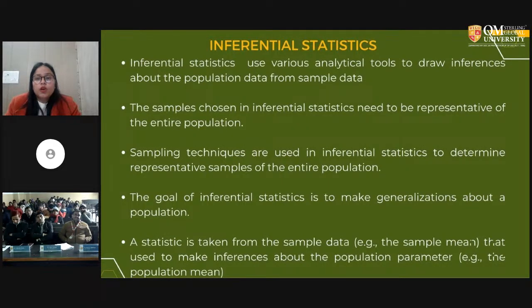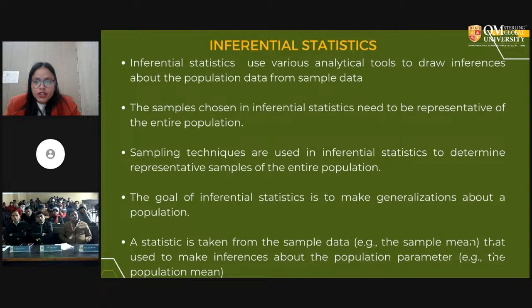Now we are talking about inferential statistics, because mostly the first half is descriptive statistics and the next half is inferential statistics. Inferential statistics will tell you how, out of various analytical tools, you are going to draw inferences about the population.